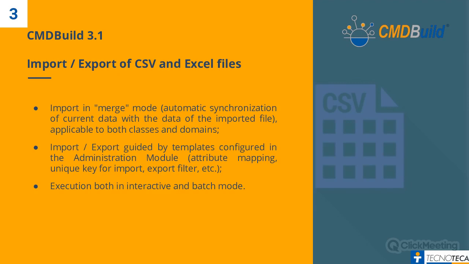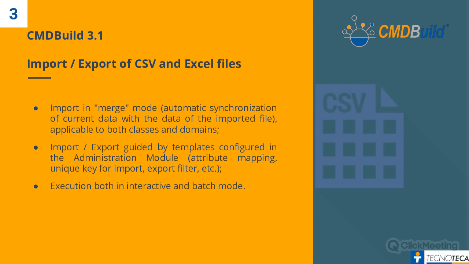One new feature of CMDBuild 3.1 that I will show you in just a few minutes is the import and export of CSV and Excel files. This is a new feature that we developed. We really worked hard on it because it was a big need from a lot of CMDBuild users.